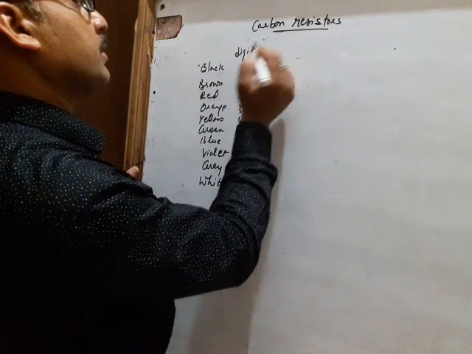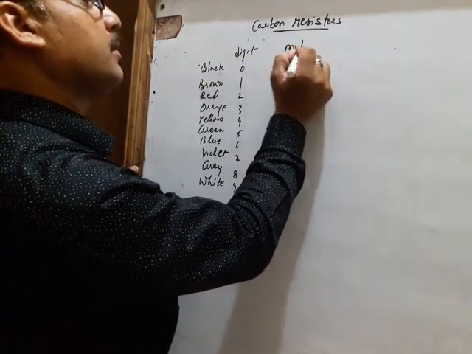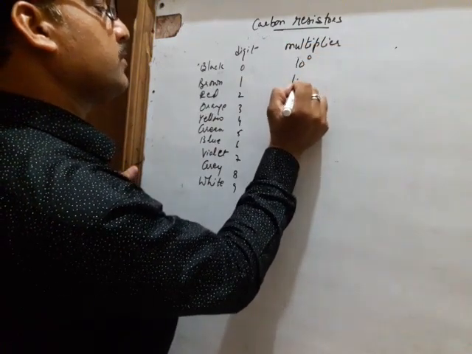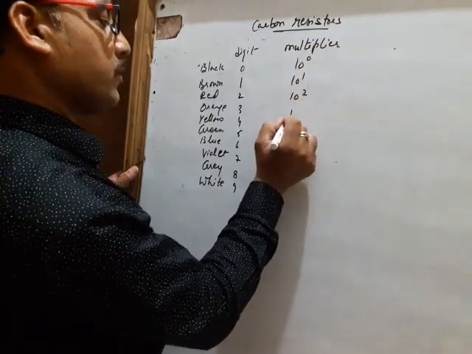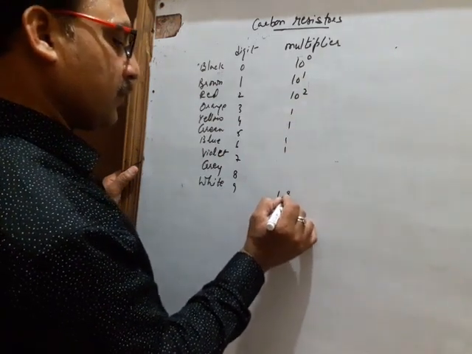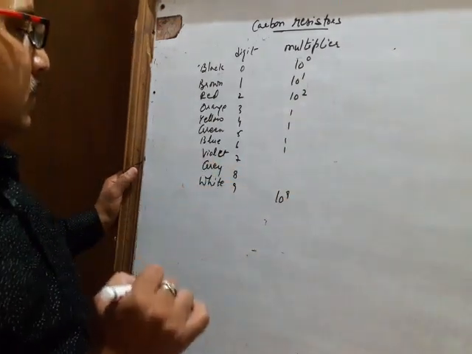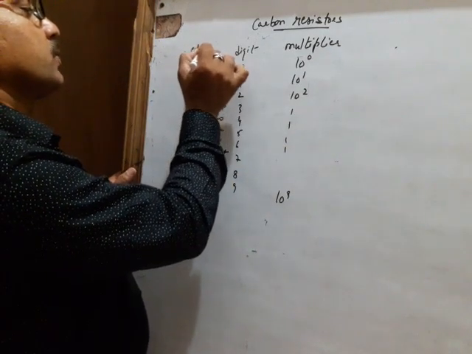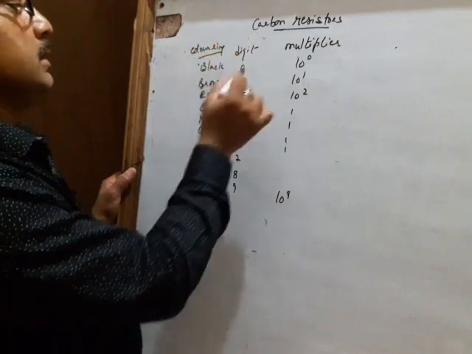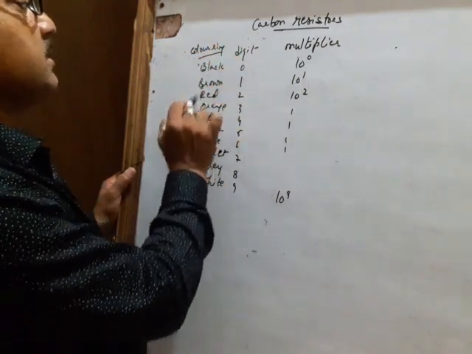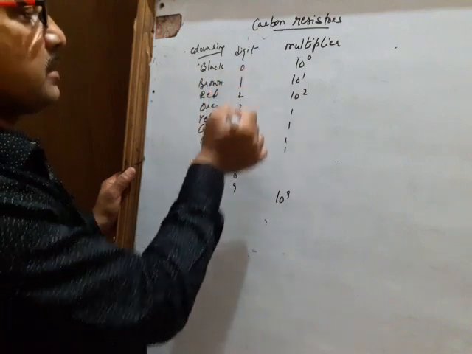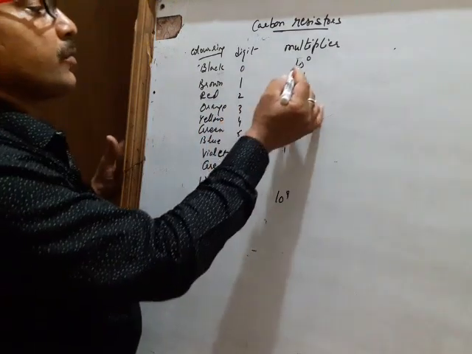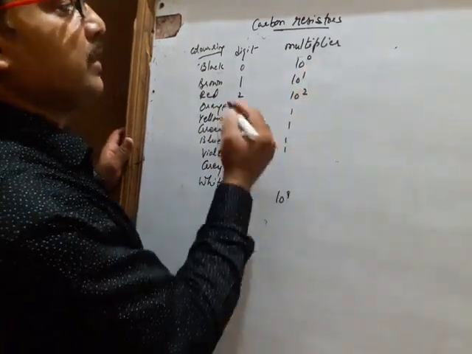And the multiplier starts from 10 to the power of 0, 10 to the power of 1, 10 to the power of 2, and like this it goes up to 10 to the power of 9. This is the color ring. These colors denote the digits, and the multiplier is given in terms of powers of 10.